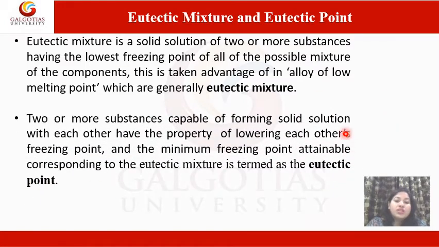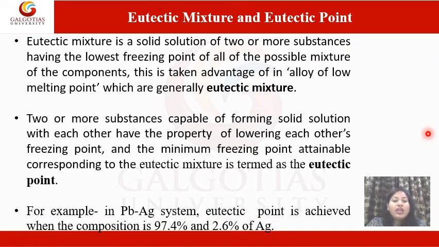Two or more substances capable of forming solid solution with each other have the property of lowering each other's freezing point, and the minimum freezing point attainable corresponding to the eutectic mixture is termed as eutectic point. For example, in lead-silver system, eutectic point is achieved when the composition is 97.4% lead and 2.6% of silver.